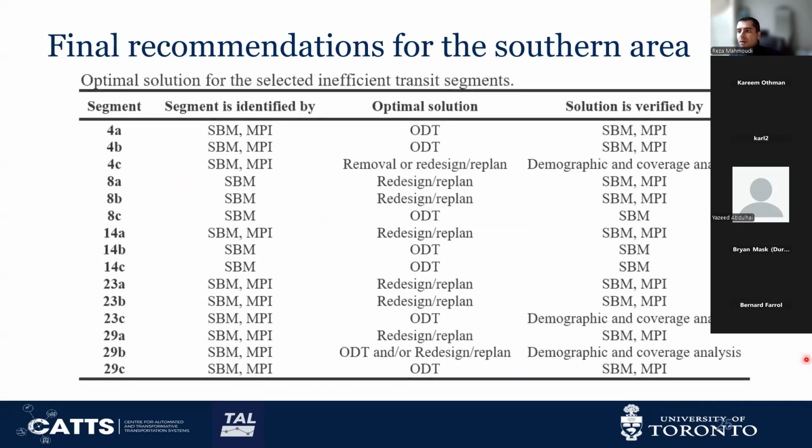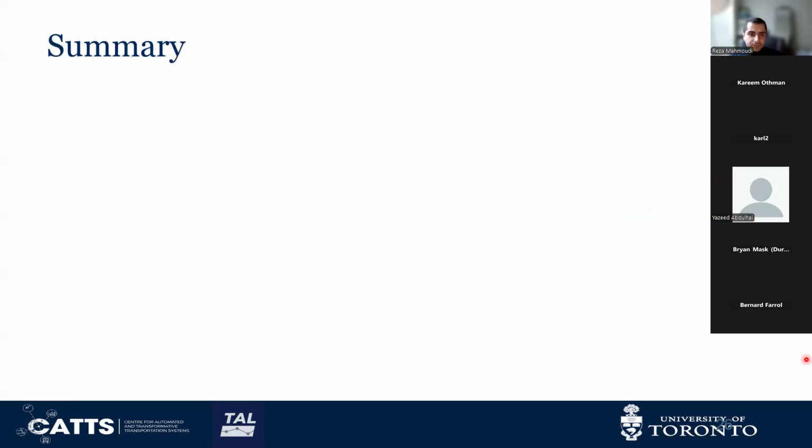If we do this analysis for all other segments using different tools of T-Spark, combining the results of different tools, we will find the optimal strategy to improve the performance of these inefficient segments in all areas of the city.